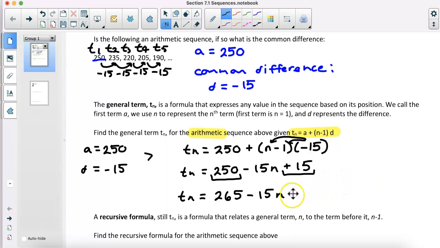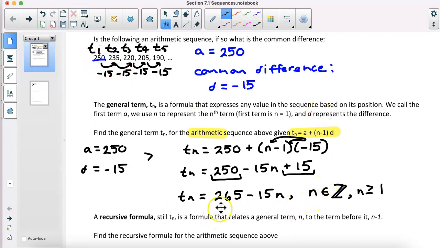And some stipulations that we choose here is that n has to be an element of the integers. So the integers are every number that is greater than 0, so n is greater than or equal to 1. We're not going to have a negative 1 term or even a 0.